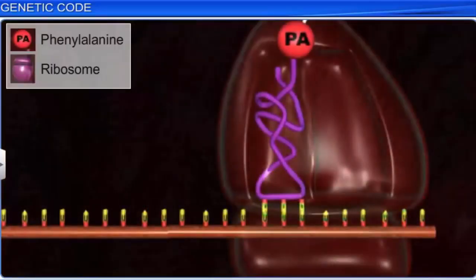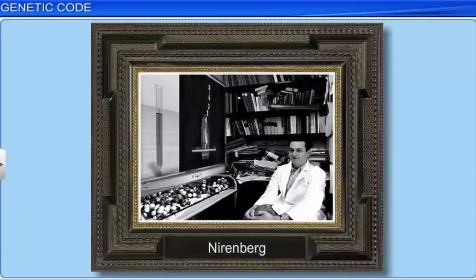This suggested triplet UUU codes for the amino acid phenylalanine. Nirenberg and Mattei had finally cracked the genetic code for at least one amino acid.